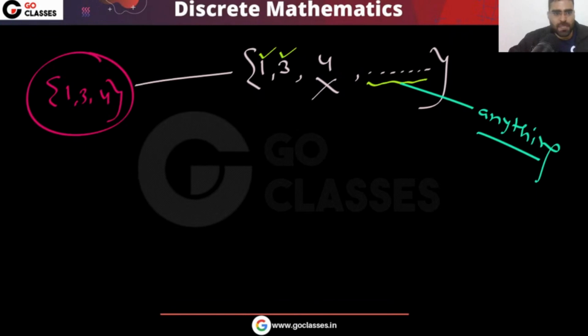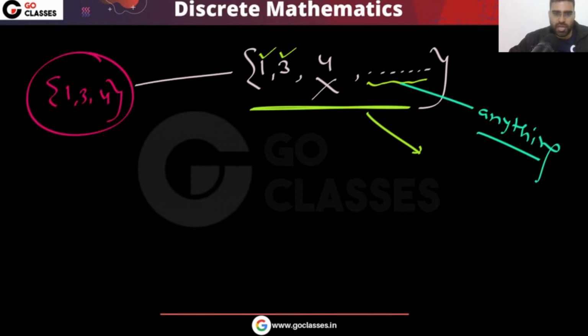So tell me, how many of this type are there? For the remaining elements, there are n minus 3 remaining elements, correct?